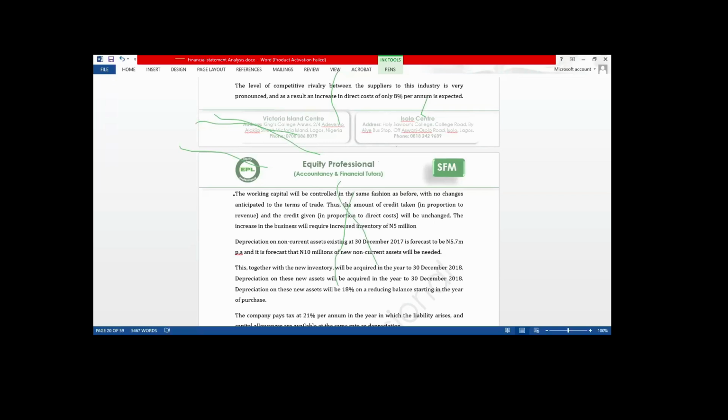We need to know the proportion of credit taking to revenue that will remain unchanged. That ratio that will remain unchanged, we need to know the ratio. That will take us to working one.